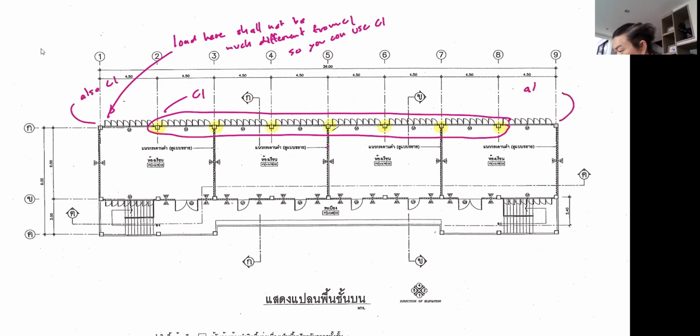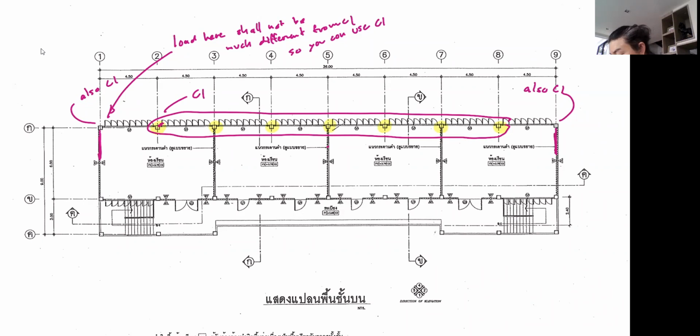This is also C1. Now keep in mind that this will have the heavy wall coming in as well. So when you include the wall here and here, the load may not be different from, say, this C1. Okay, so you pick the most critical one out of this group and then design for the column section. Okay, one would do. Now we move on to the next.